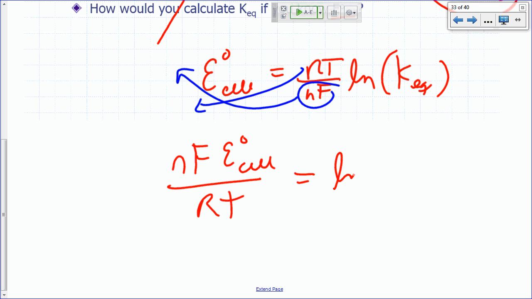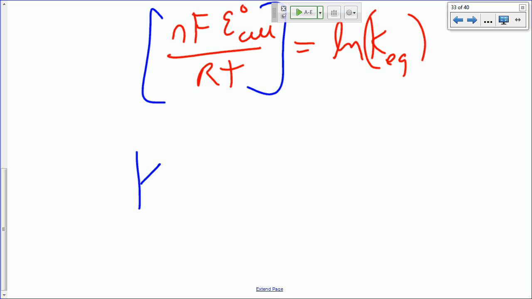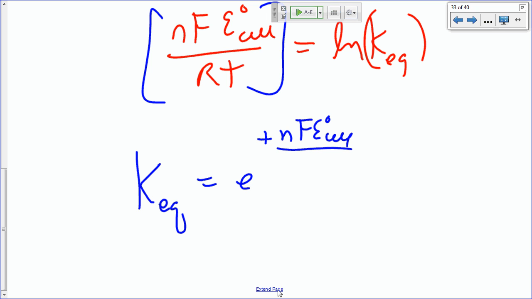The natural log of KEQ is NF E naught cell over RT. And then I just take the anti-log of this to get my actual KEQ, right? So KEQ would be E to the positive NF E naught cell over RT. Okay.